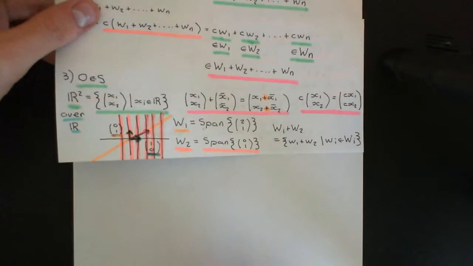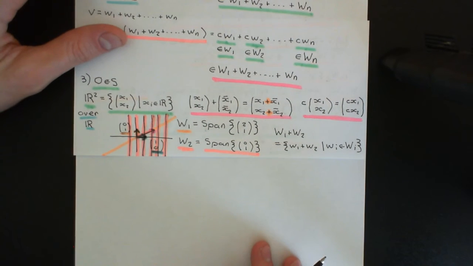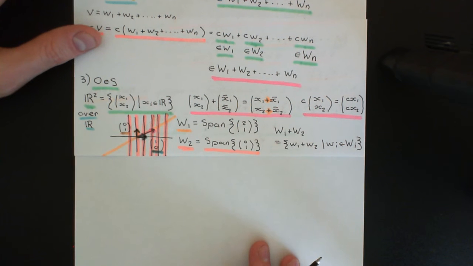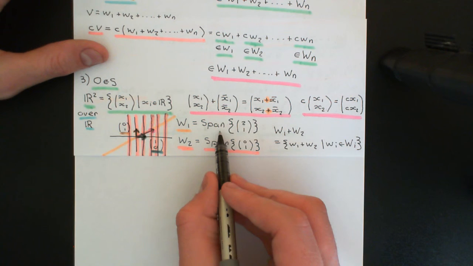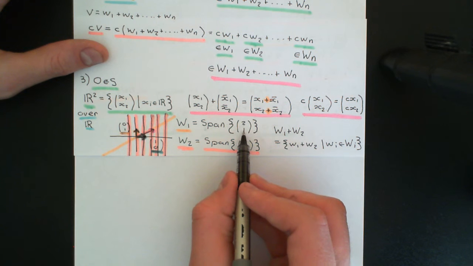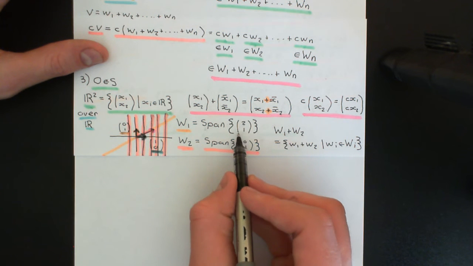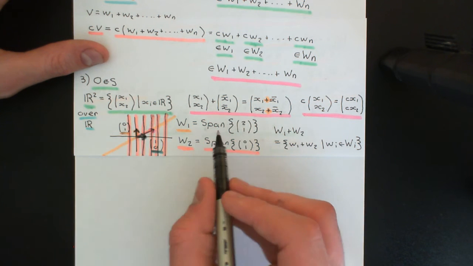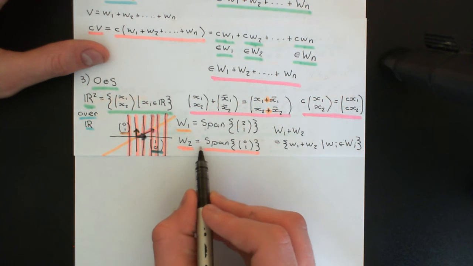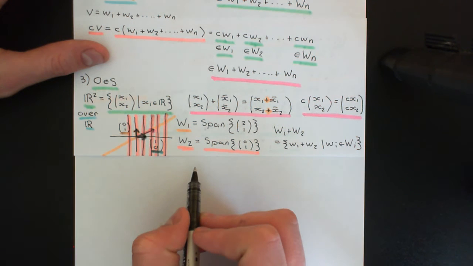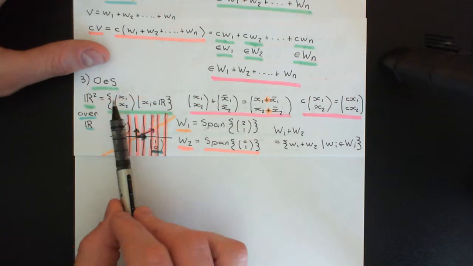Here was the example, remember, from R2, and the two subspaces we were using were: capital W1 was the span of the vector 2, 1, so all scalar multiples of this vector 2, 1, and that's this orange line here. And capital W2 here, that's the span of this vector 0, 1, and that of course is the red line here.